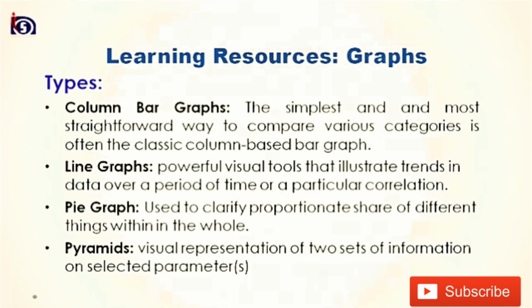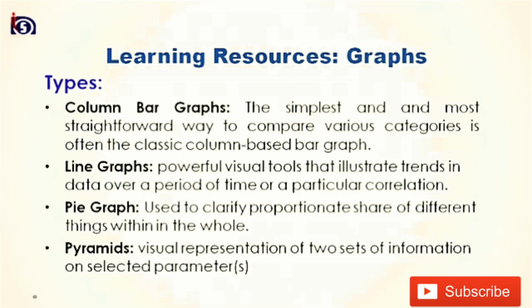Then we are having pie graphs. Pie graphs are used to clarify the proportionate share of different things within the whole. We are having a circle, and within the circle we are having different sectors which are used to exemplify the proportion or the share of a particular thing within the whole.